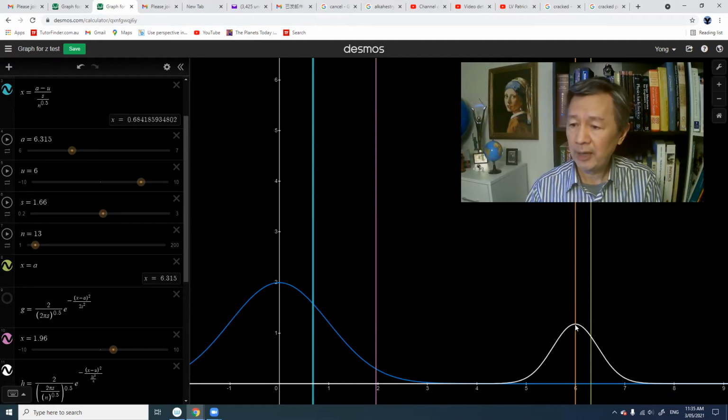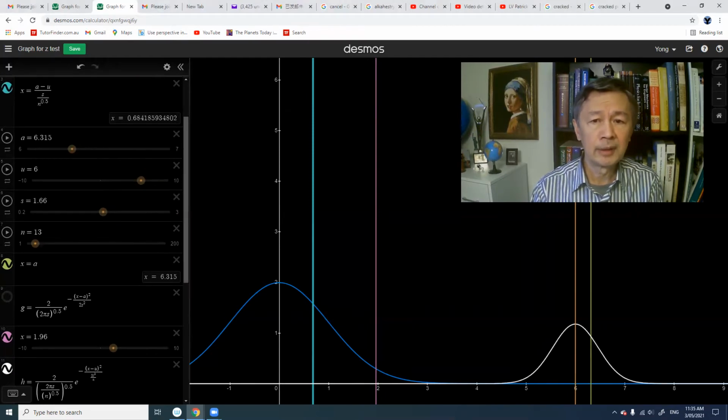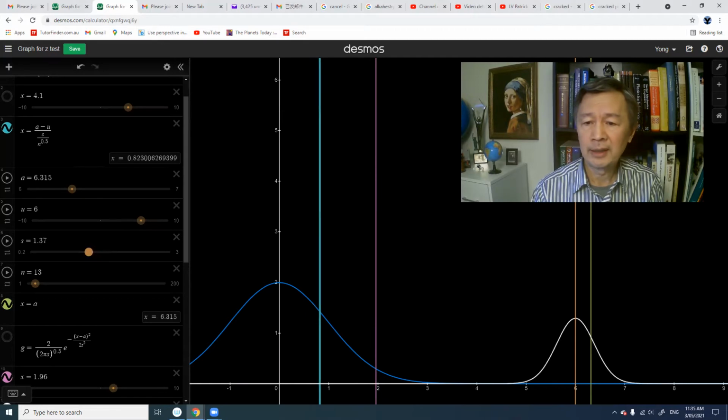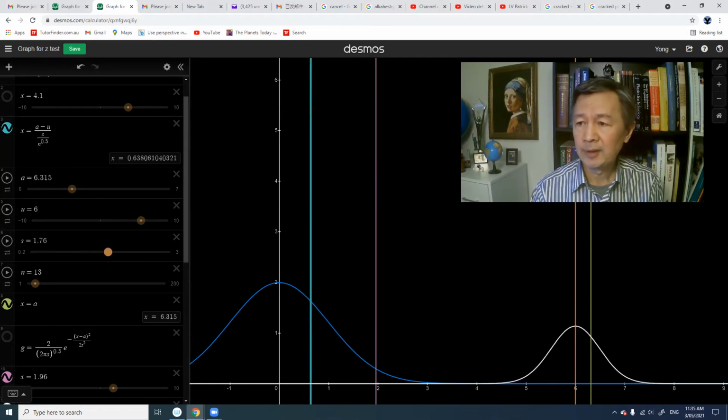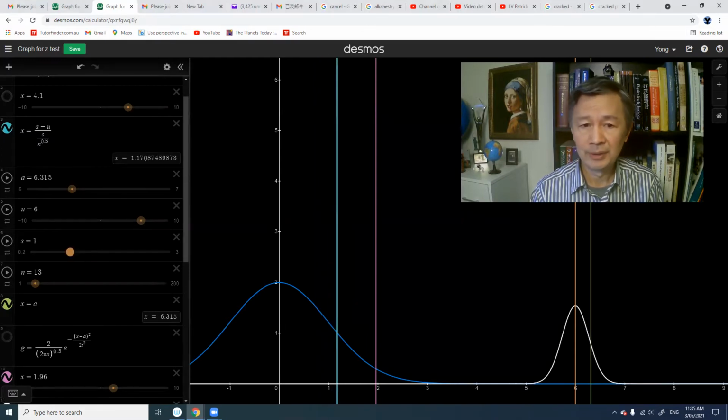In this graph, I have drawn the white bell shape, which represents the distribution of the sample mean. If I change the sample standard deviation, you will see that it also changes the width.